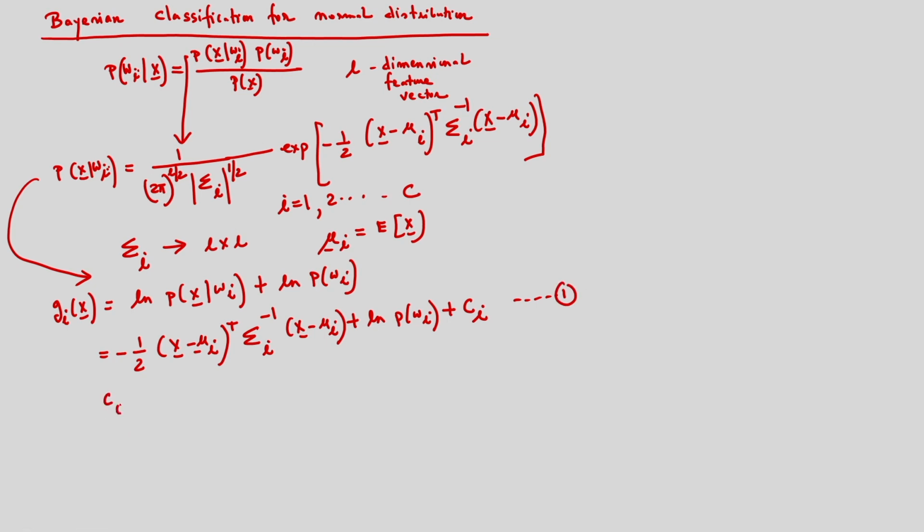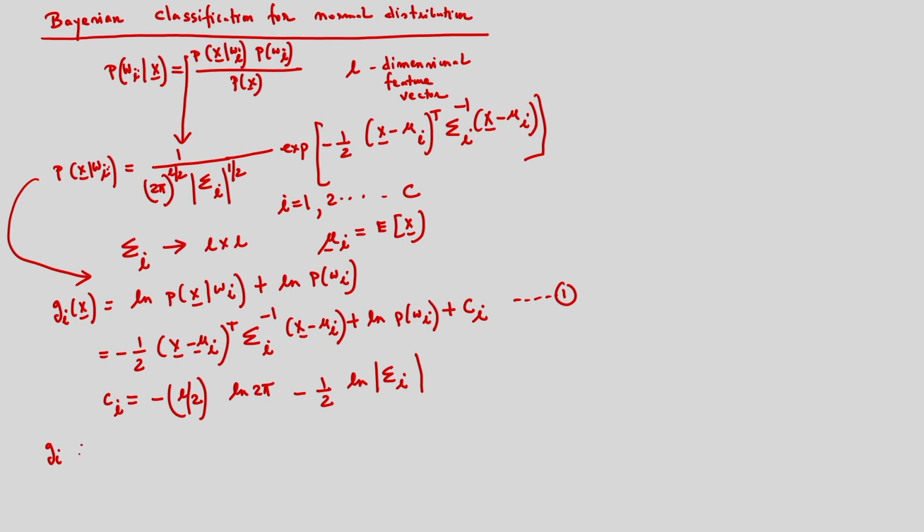This Ci is a constant. What is the value of this constant? L divided by 2 ln 2 pi, minus half ln of the determinant of the covariance matrix. So this is Ci. Now I can expand g_i(x), the discriminant function.